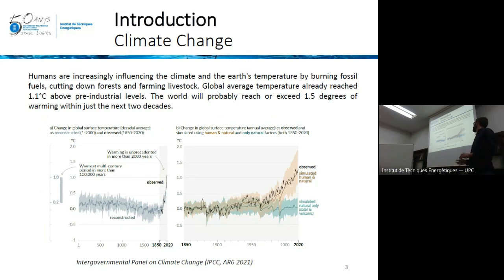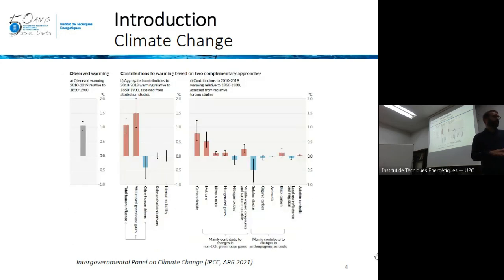So first of all, some numbers that everybody must already know. Climate change is real. Models demonstrate that it's human forced. Up to now, there is about 1.1 degree of surface temperature increase since pre-industrial times.